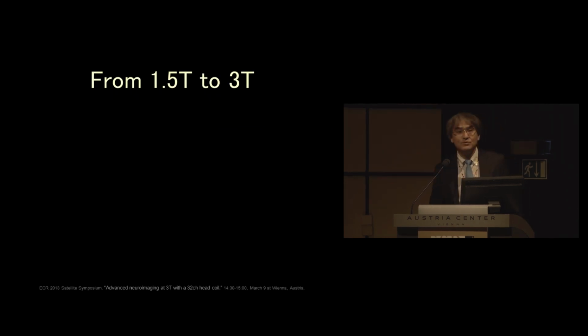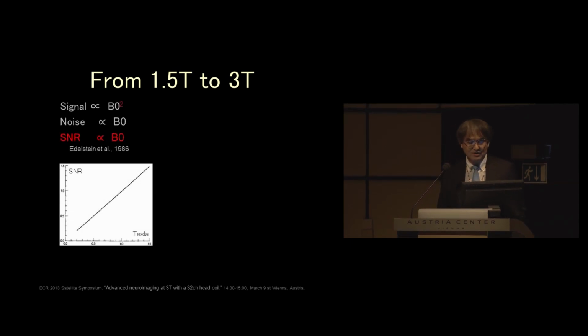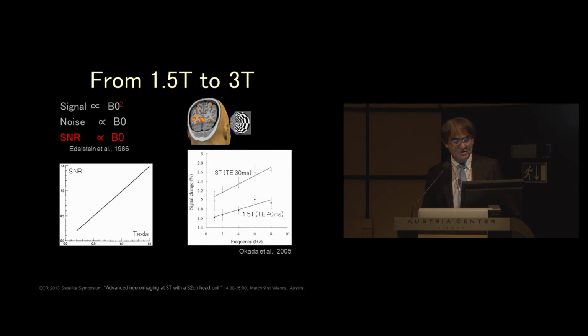From 1.5 to 3T, what's the advantage of it? Well, as you well know, signal increases quadratic to B0, which is the static magnetic field strength. However, noise also increases linearly, so signal to noise ratio increases linearly. It's already known.